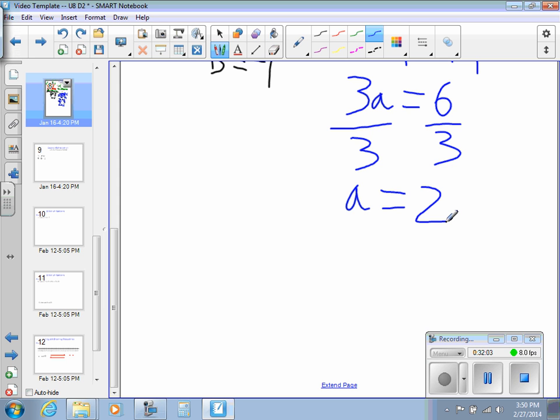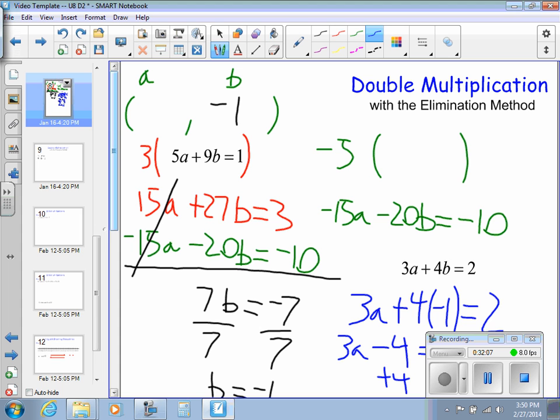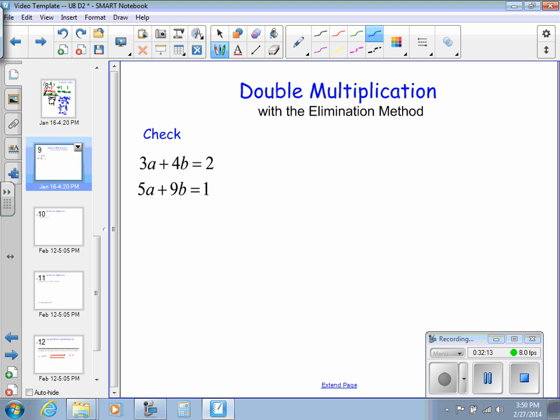Okay, let me take this up here and put it in my ordered pair. A equals 2. So I've got 2, -1. Let me take it to the next page. 2 comma -1. This was not X and Y. 2 comma -1. And it's A and B.